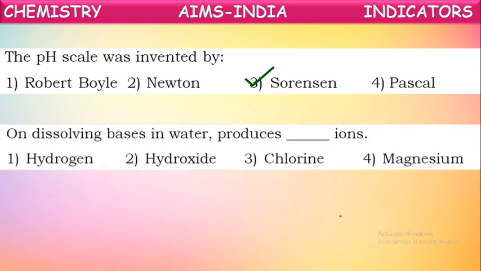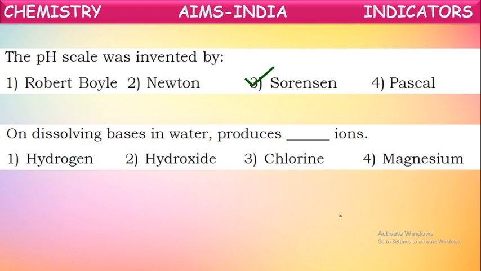Next, on dissolving bases in water, they produce dash ions. Yes, acids and bases on dissolving into water produce their respective ions. When you dissolve acids into water, they produce hydrogen ions, which are called H plus ions.